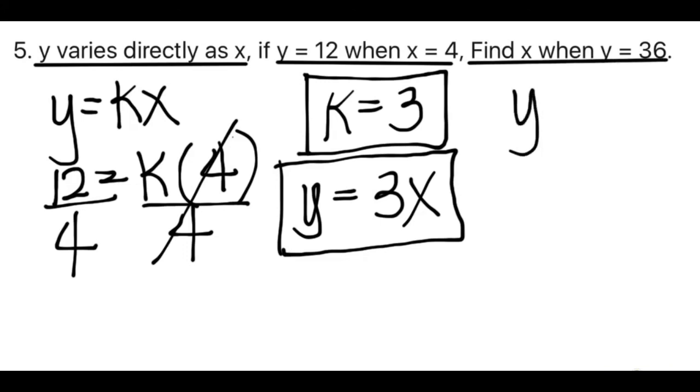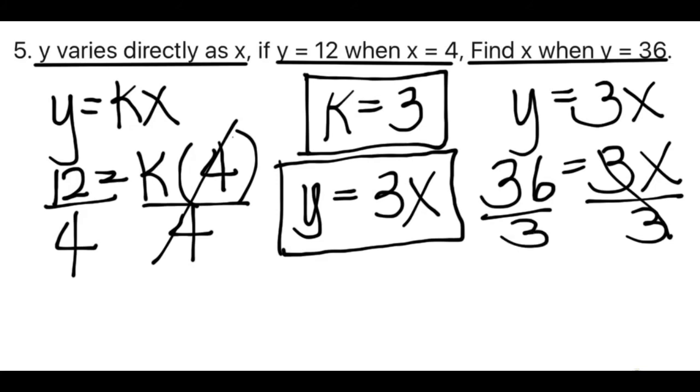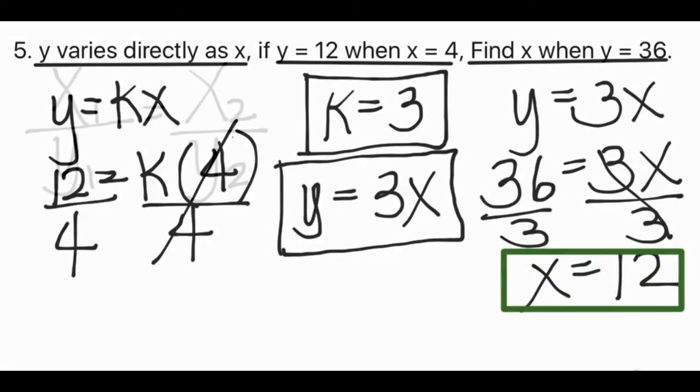Ipalit lang natin dito sa equation of variation. So, yung y, palitan natin ng 36 equals 3x. Divide both sides by 3. Cancel it out. So, 36 divided by 3. So, the value of x is equal to 12. So, that is our x.